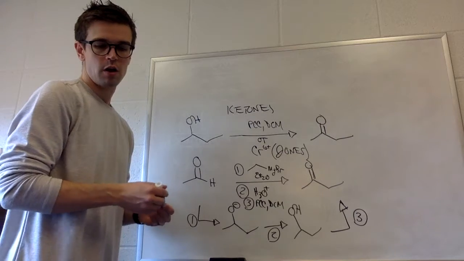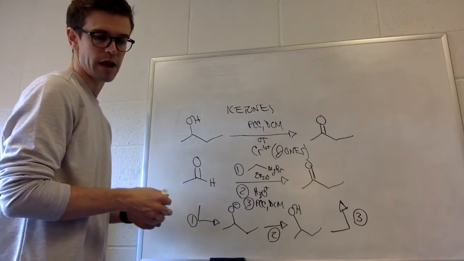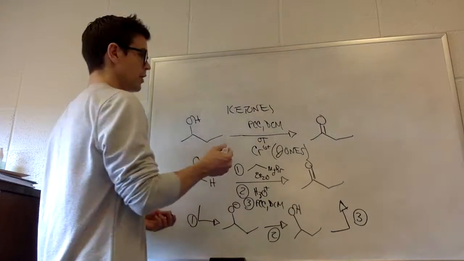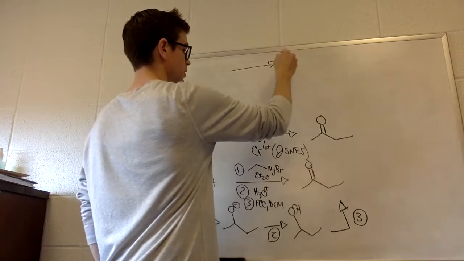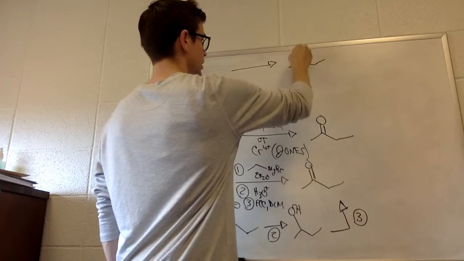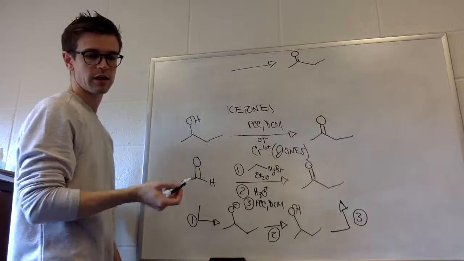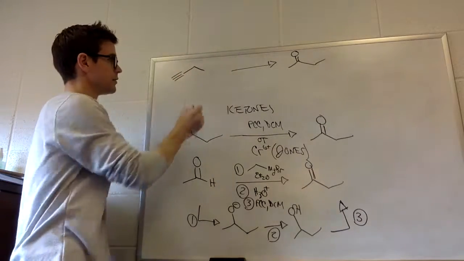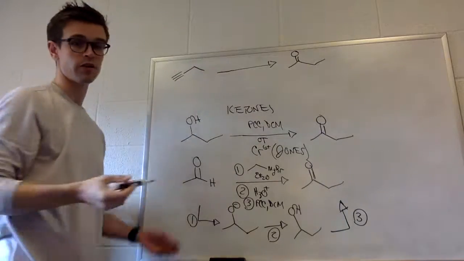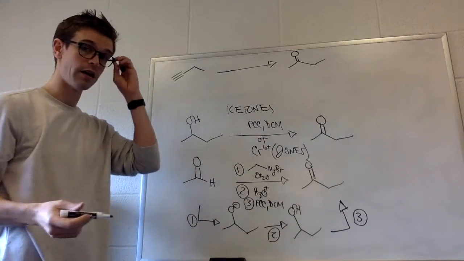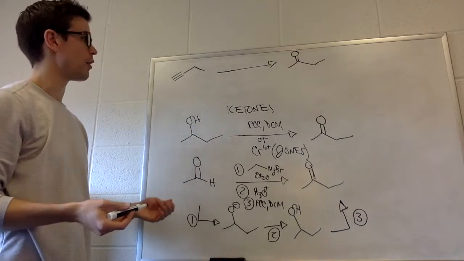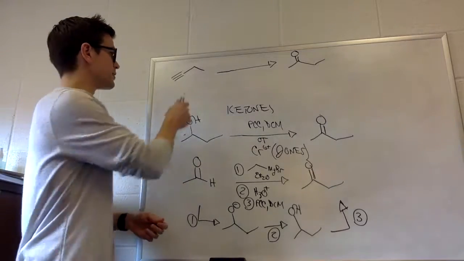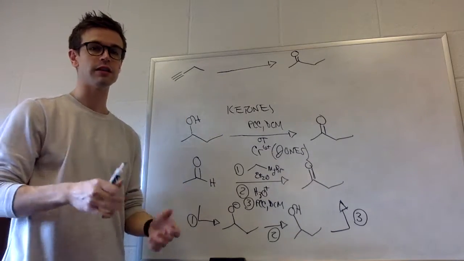What about if we wanted to make that same ketone, and I'm going to change it a little bit from the notes here. We're going to go with this 4-carbon unit instead of the internal alkyne. So this is a terminal alkyne. The way that we did this to make aldehydes is we took this and we did the hydroboration oxidation.